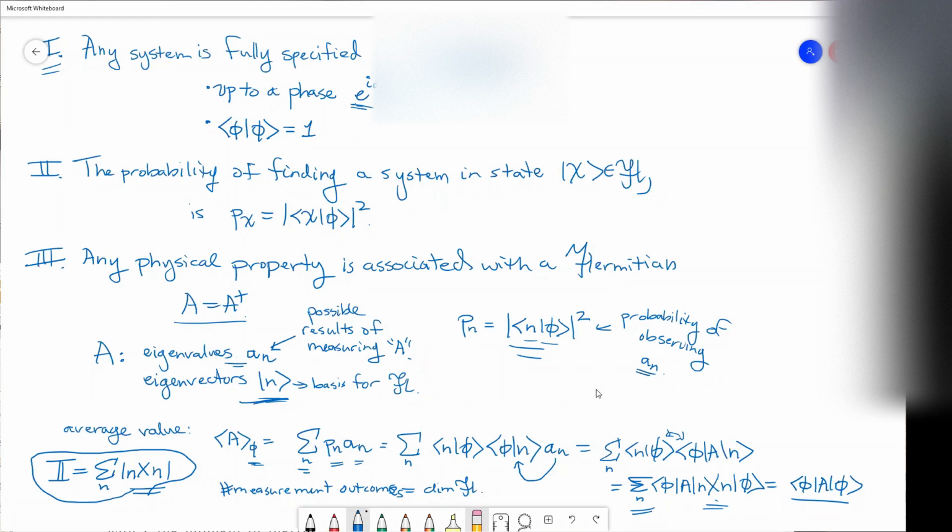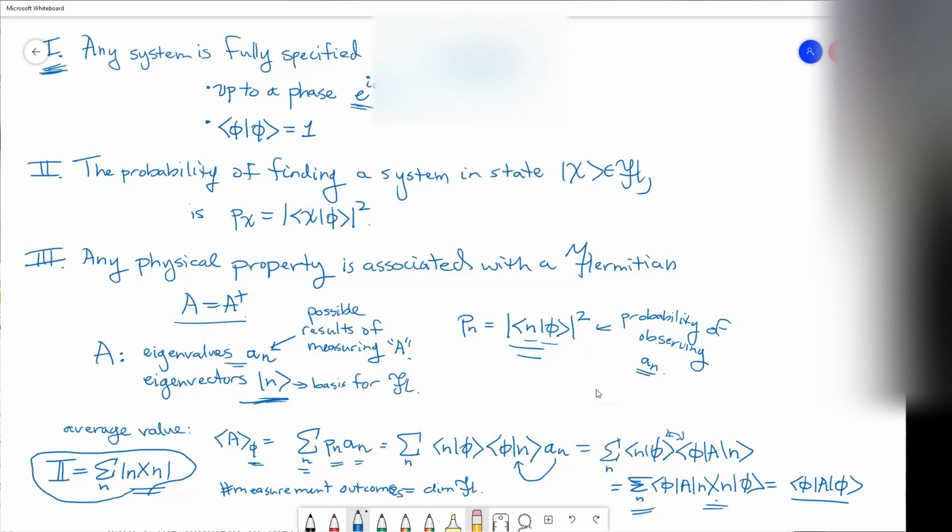Any questions about that? It's pretty crucial, these three. About the expectation value. Yeah. Here, phi is normalized, right? Yes, that's part of the postulates, they are all kind of connected to each other. So yes, phi is normalized.